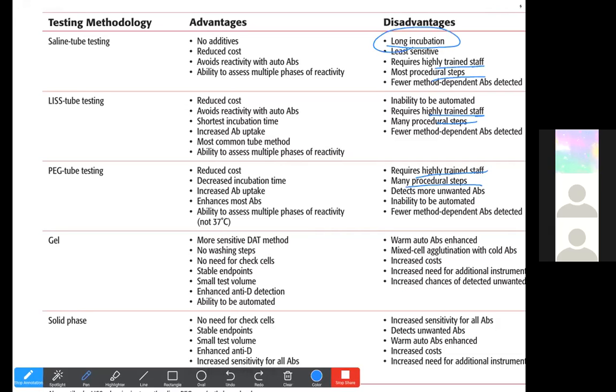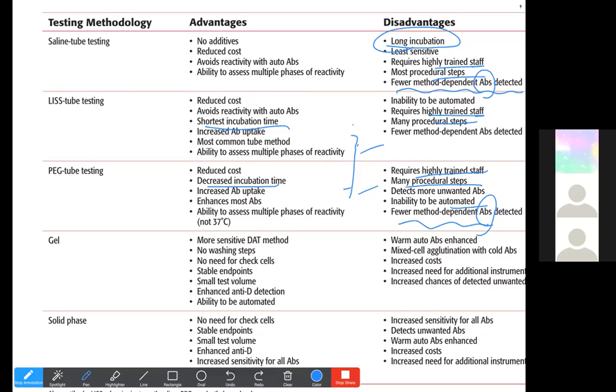The long incubation is for saline, and for the others there is a shorter incubation time, 30 minutes for this, and 10 to 15 minutes for both of them. So the incubation time is decreased in both of them, but the procedural steps are too many, highly trained staff are needed, and you cannot automate it. Sometimes the reactions are also not very useful, so method-dependent antibodies are not detected in this.